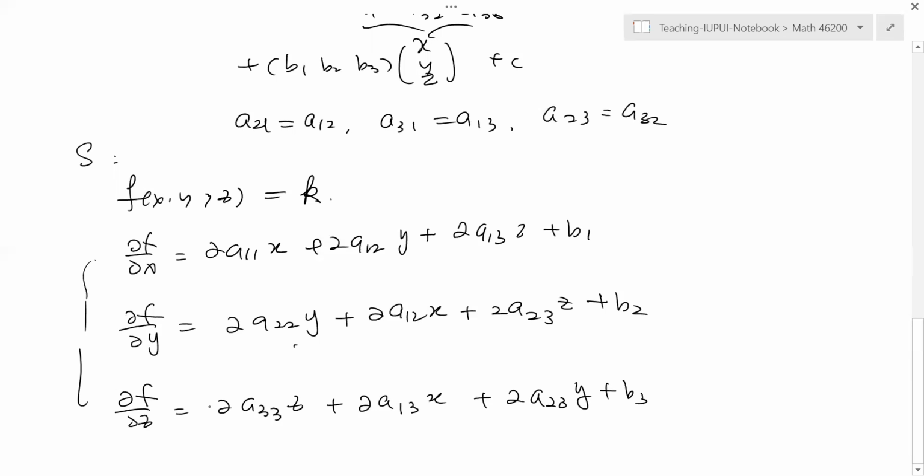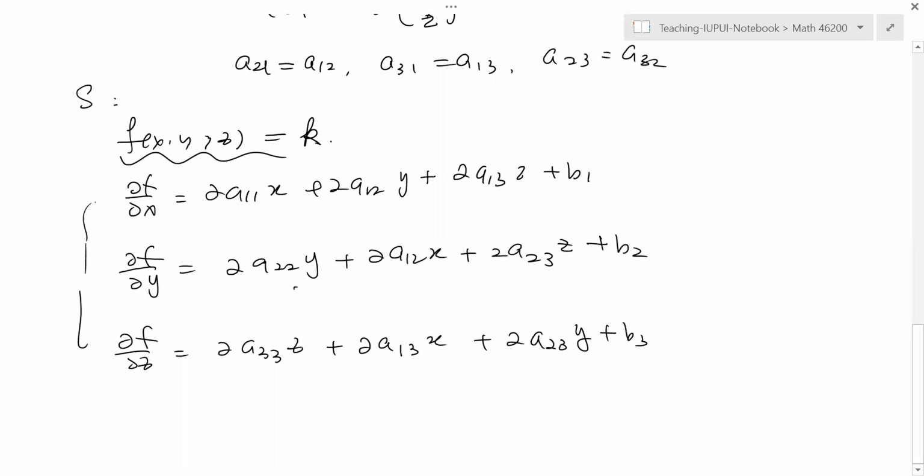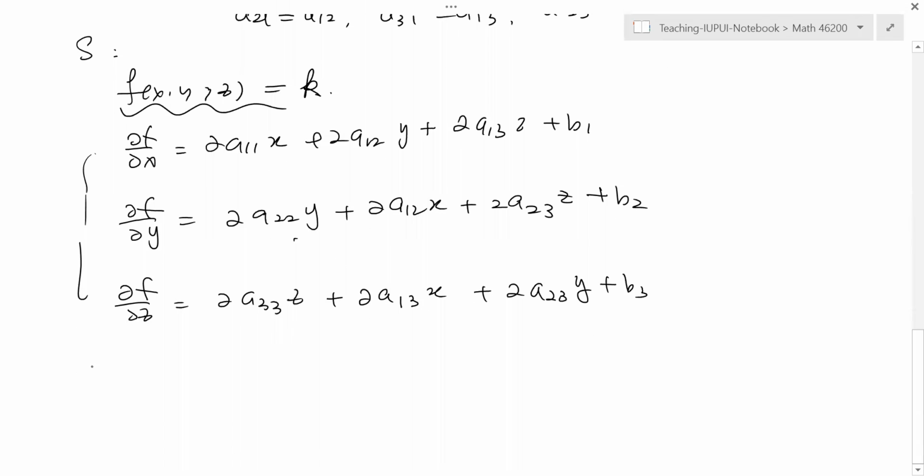If that point is not on this level surface, then this level surface is a smooth surface everywhere. If this point happens to be on the surface, there is one singular point; if you remove that singular point, you get a smooth surface. So in the general case, you consider this equation.